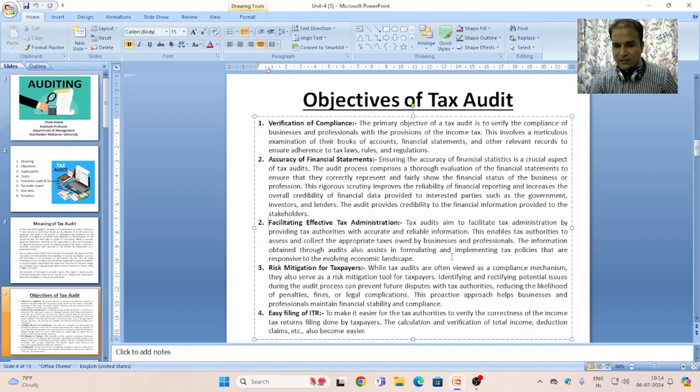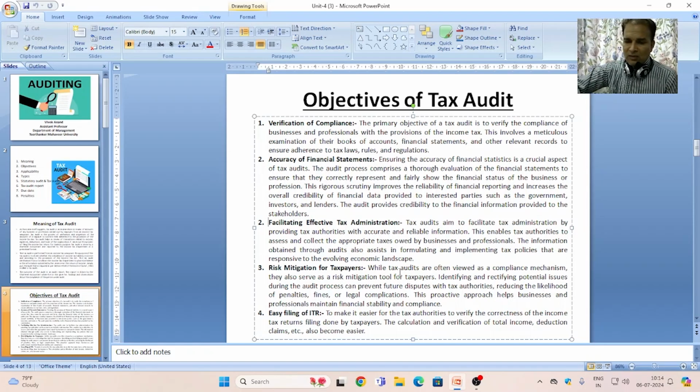And the last is easy filing of ITR. ITR means income tax return. It is easier for the tax authorities to verify the correctness of the income tax return filing done by taxpayers, and the calculation and verification of total income, deductions, claims, exemptions, rebates, reliefs also become easier.